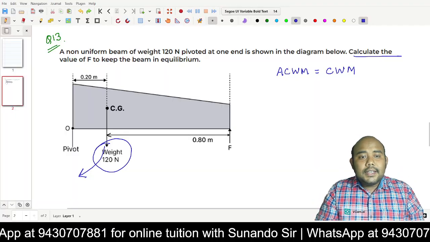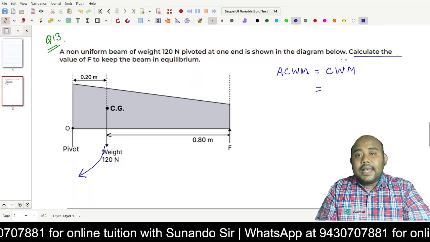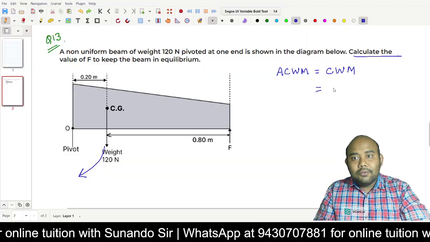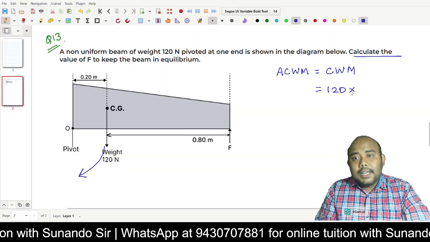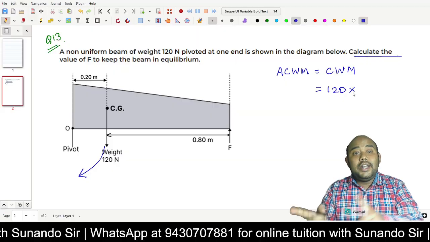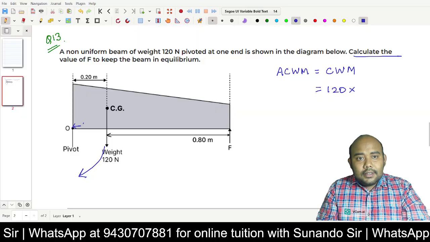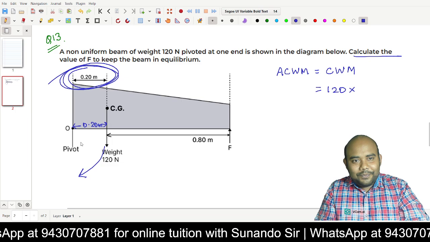So this clockwise moment is because of this 120 Newton. Let's calculate this clockwise moment. That is 120 Newton multiplied with the distance of this 120 Newton from the pivot. It is already given in the figure that this distance is 0.20 meter. You can see it is written over here at the top.